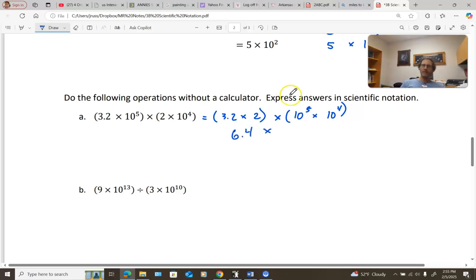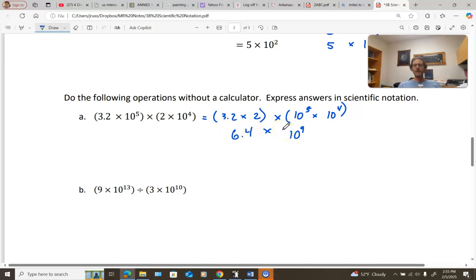And then my powers of 10, since I'm multiplying them, I need to add my exponents. So 5 plus 4 is 9. So this is going to give me 10 to the 9th power, okay? And just to double check, make sure this number is between 1 and 10, and it is. Okay, so we're good. This is our answer.